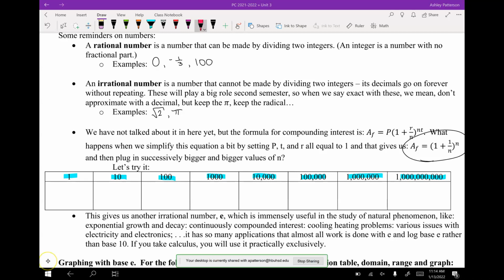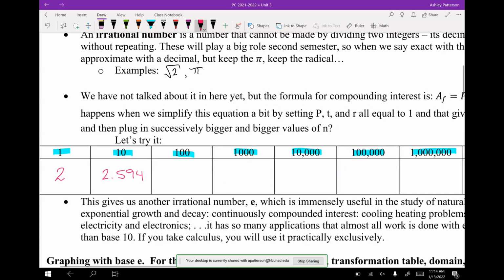All right, so if we substitute 1 in for N, we get 2. Nice number. Beautiful little integer. What about for the next one? What'd you get? 2.59. Nice. I'm just going to go out a little bit further, so 2.594. For 100, we should have gotten 2.705-ish, yes?